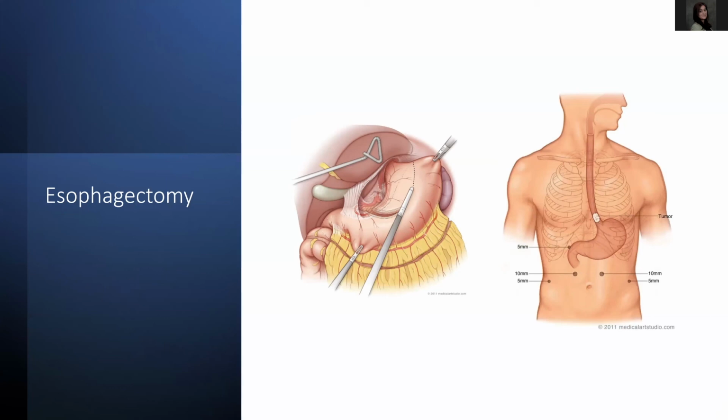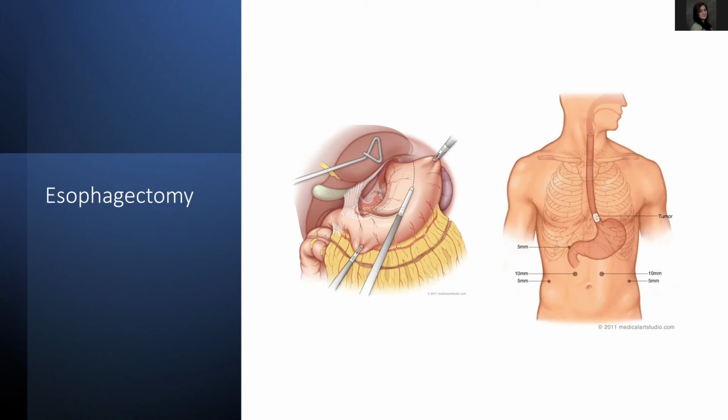The unique part about this organ of the esophagus is that it actually traverses 3 different regions of the human body. So the upper portion of the esophagus sits in the neck, and then you have the middle portion of the esophagus that sits in the chest, and then you have the lower portion of the esophagus that sits in the upper abdomen and then attaches to the stomach.